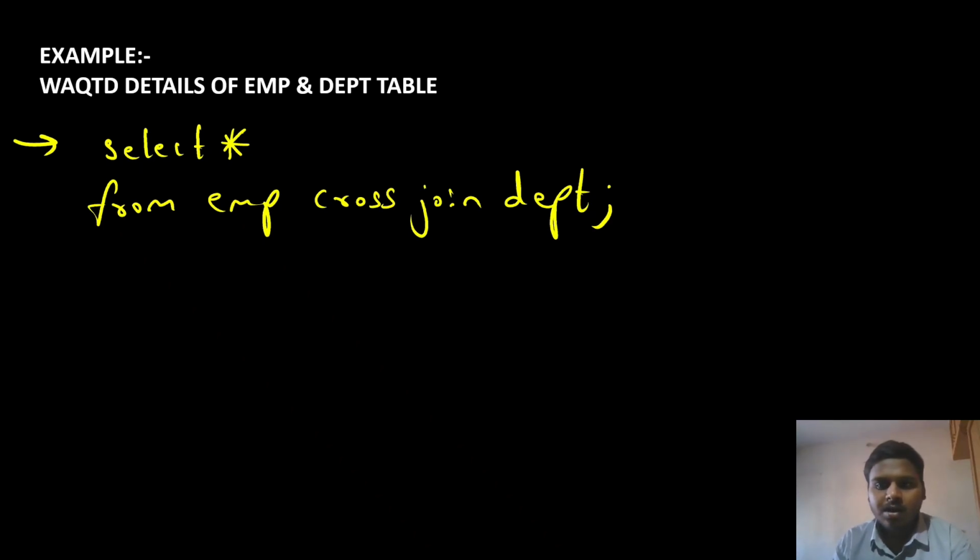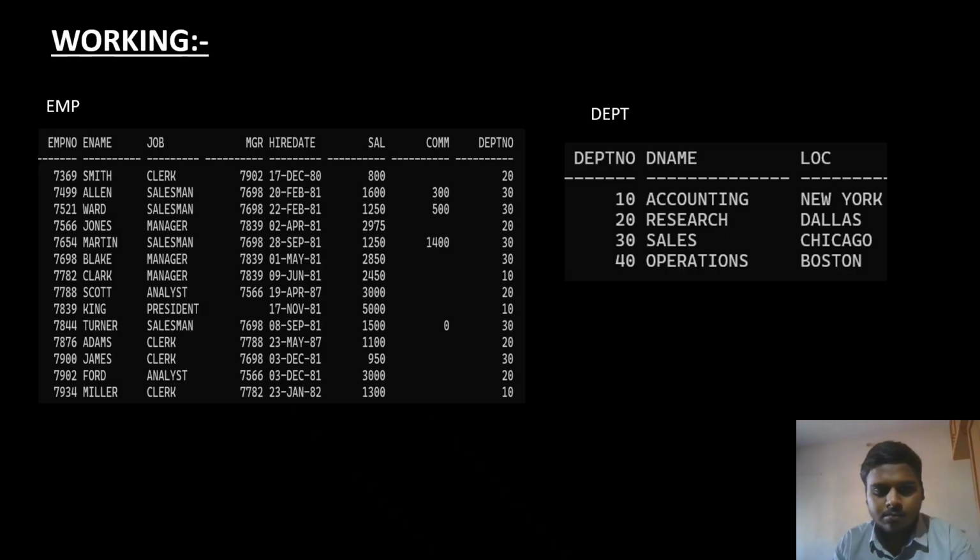How will it work? I will display it and show you, so you can look at the output and understand well. You can clearly see two tables are there, EMP and DPT. All possible combinations means what?